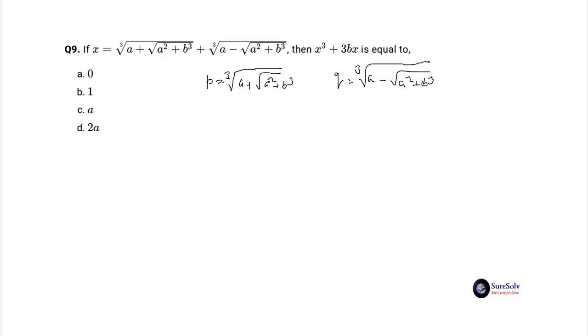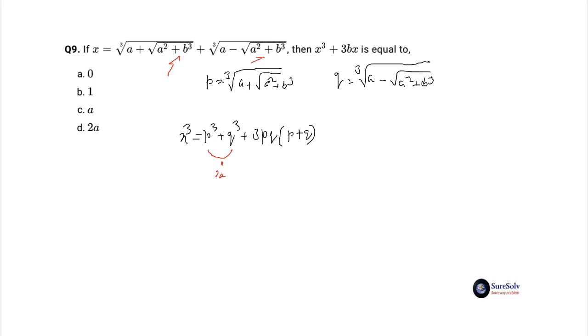The target expression contains x cube, and so your first action is to raise x to its cube using the compact form of cube of sum. X cube equal to p cube plus q cube plus 3pq multiplied by p plus q. You mentally evaluate p cube plus q cube to simply 2a as the second term under square root of a square plus b cube cancel out.